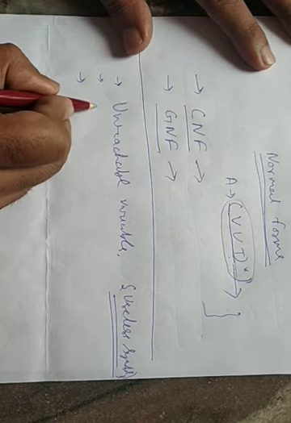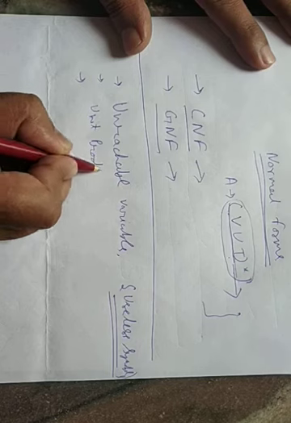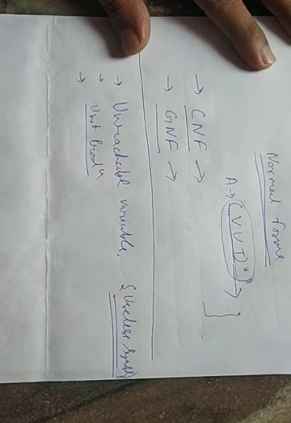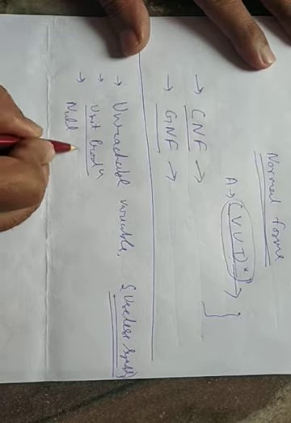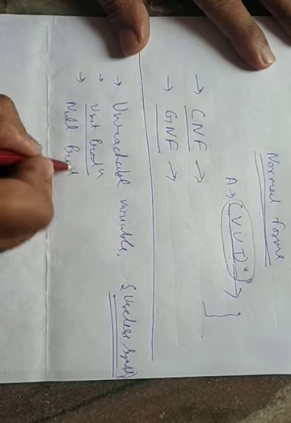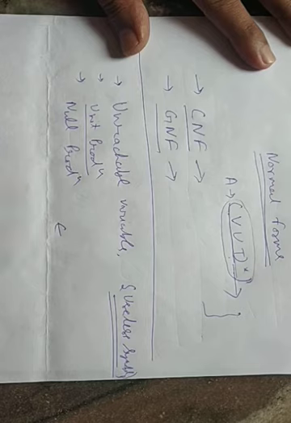The second one is unit production. If your grammar has unit productions, you need to remove them. The third one is null production. If your grammar has any production containing the epsilon sign, you need to remove it.